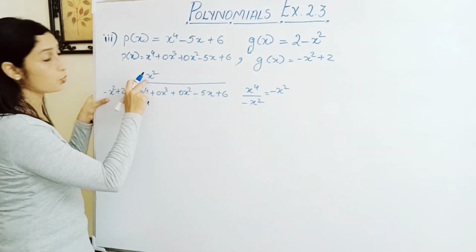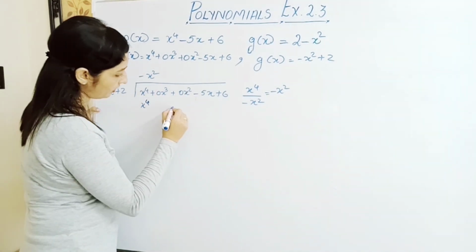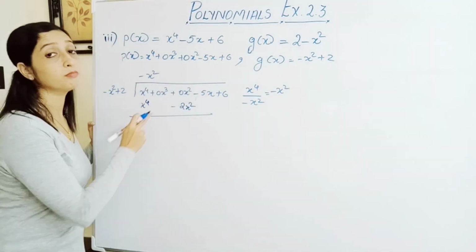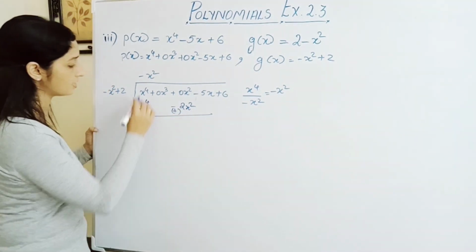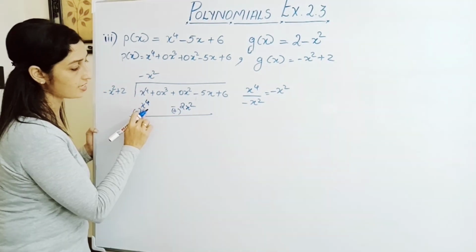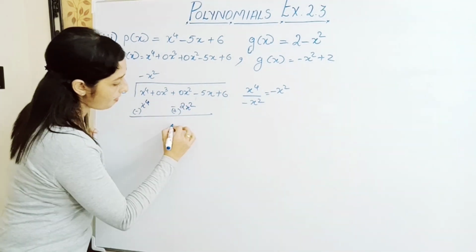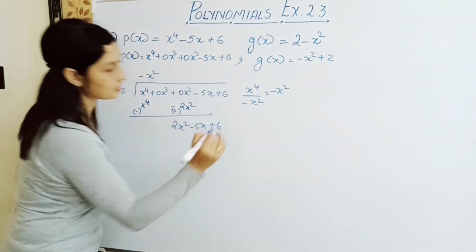Now minus x square into plus 2 is minus 2x square. So I write minus 2x square here. Now when you perform the subtraction, you reverse the sign. So this becomes minus, this becomes plus. So what do you get? This gets cancelled, it is 0 here, and here it is plus 2x square minus 5x plus 6.